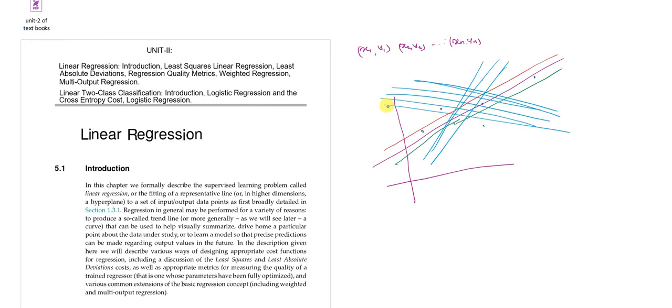Out of these, I need to figure out only one straight line, or parabola, or exponential curve, or geometric curve. How to figure this out is the major task in between.